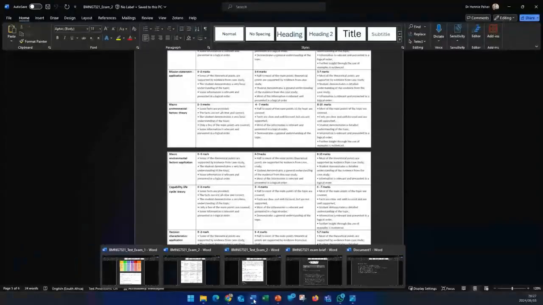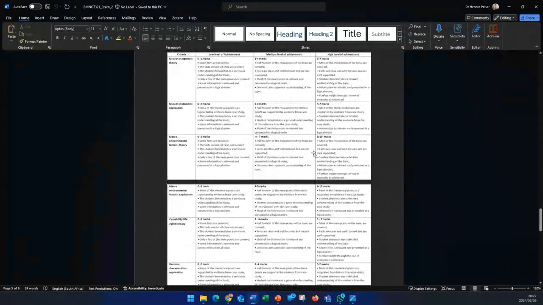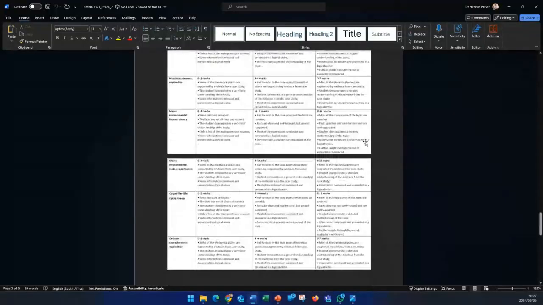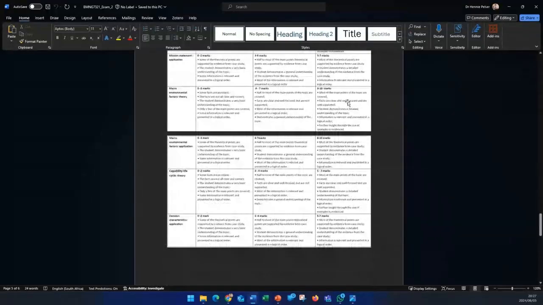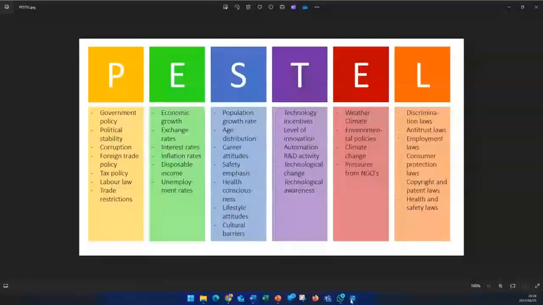If the question is out of 10, let's take the macro theory question. I think they asked you to identify 3 macro factors. I would identify the 3 macro factors, explain the essence of those factors using the picture that I shared, give the theory, and then link it to examples.